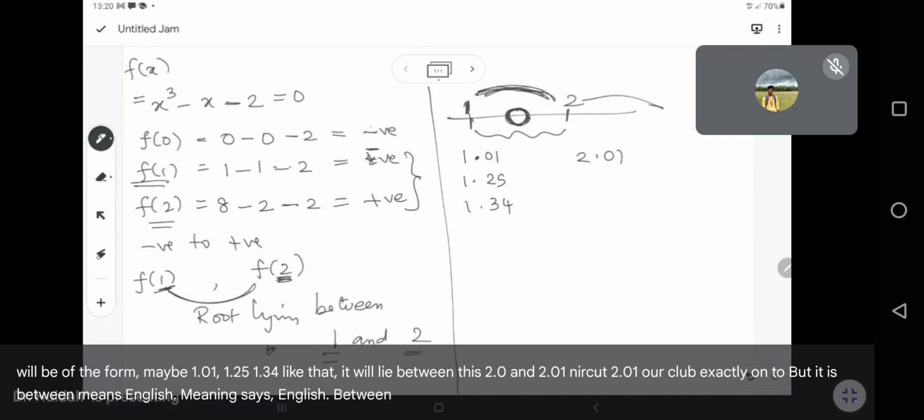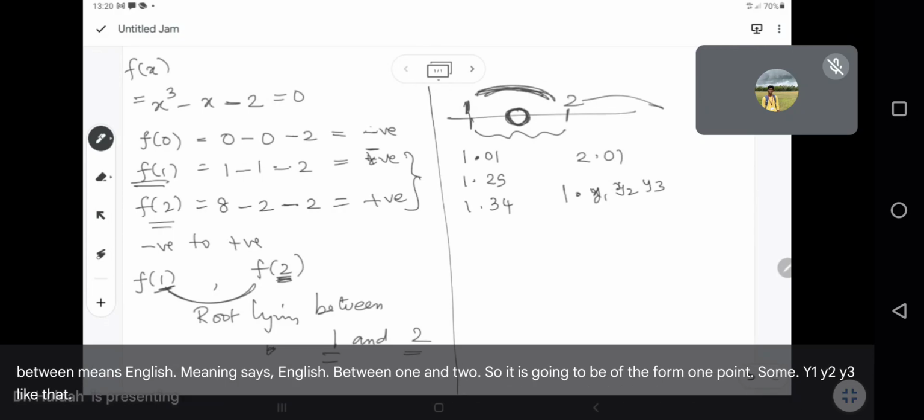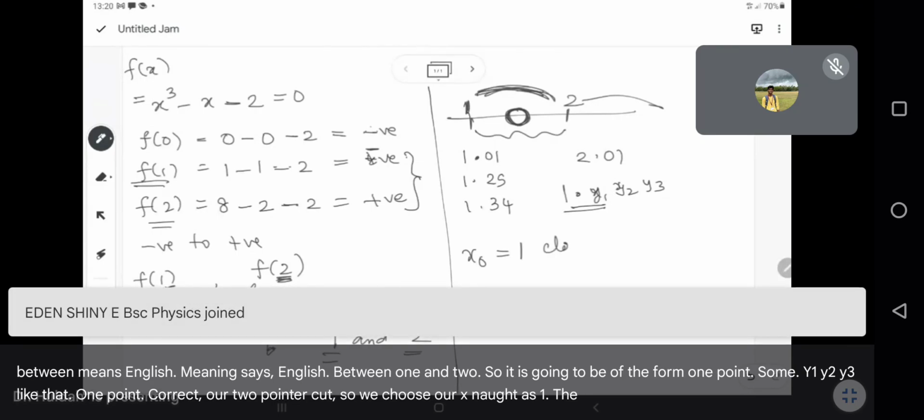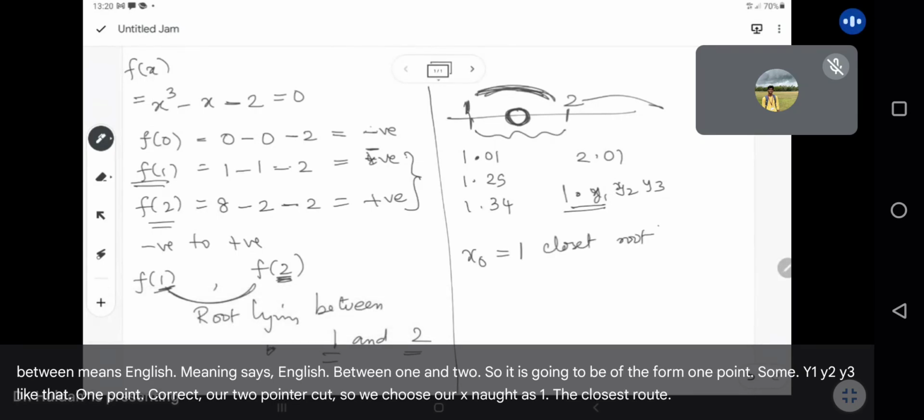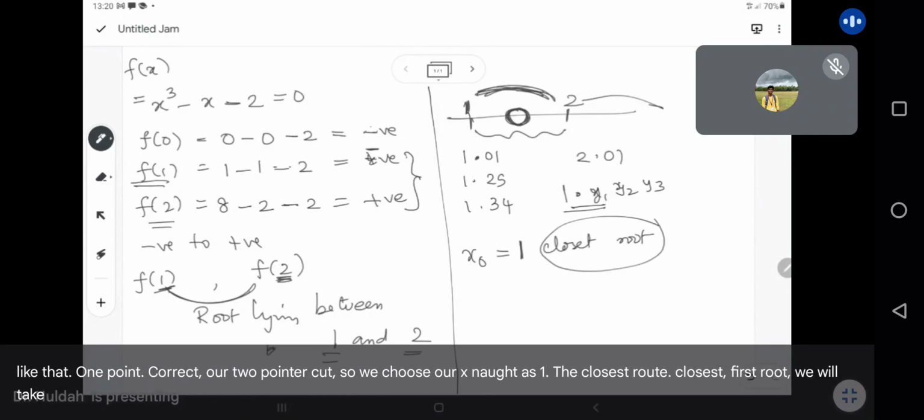Between 1 and 2 means it is going to be of the form 1 point something. So we choose our x naught as 1, the closest first root.